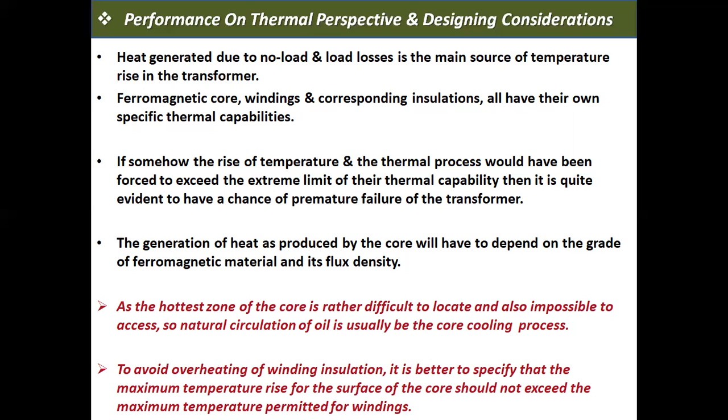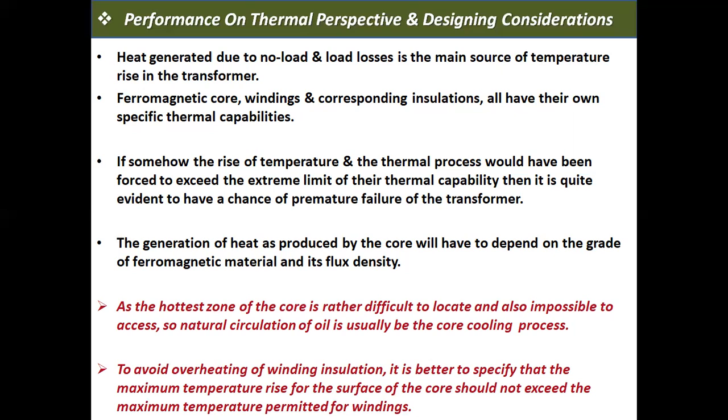The generation of heat by the core depends on the grade of ferromagnetic material and its flux density. As the hottest zone of the core is rather difficult to locate and impossible to access, natural circulation of oil is usually the core cooling process.